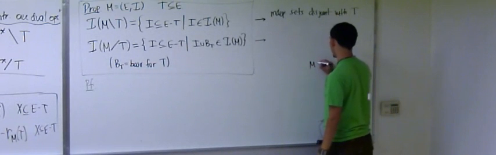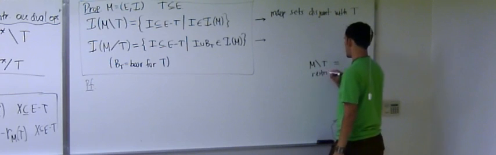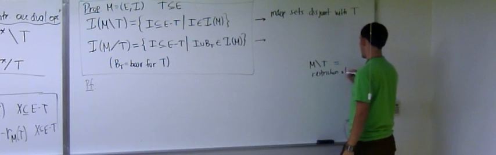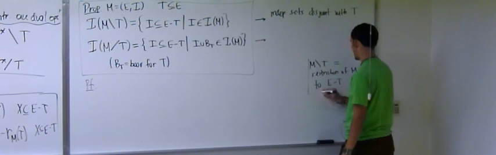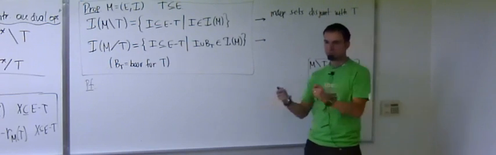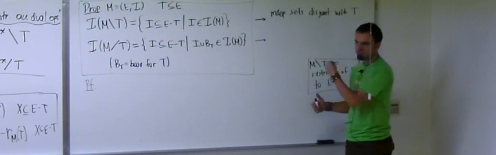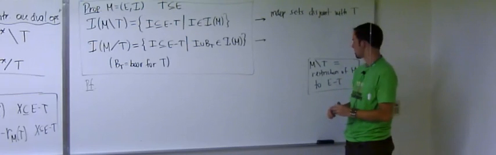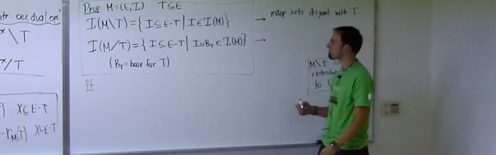M delete T equals the restriction of M to the set E minus T. People like to talk about deletion and contraction because they're dual to each other, and they don't talk so much about restriction because it's the same thing as deletion. Restricting to E minus T is the same thing as deleting T.